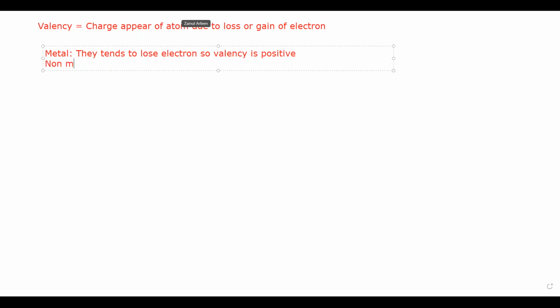What about the non-metals? The non-metals, they tend to gain electron, so the valency or the charge on the non-metal is negative.